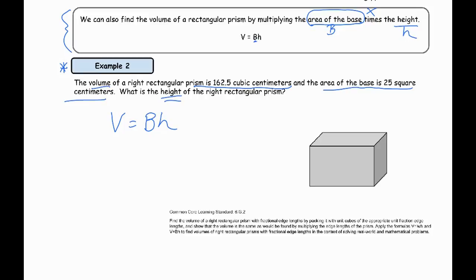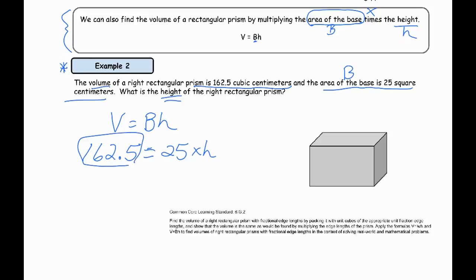And let's go ahead and fill in our known amounts. We are given our total. Our 162 and 5/10 is the volume. And we are given the area of the base. That's our capital B. And that is 25 square centimeters. And now all we need to do is find our height. Now basically you can see I can turn this right around since I'm given my total.